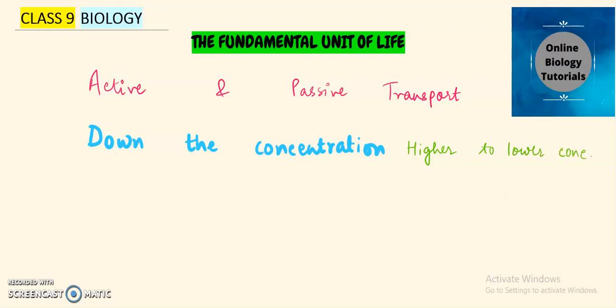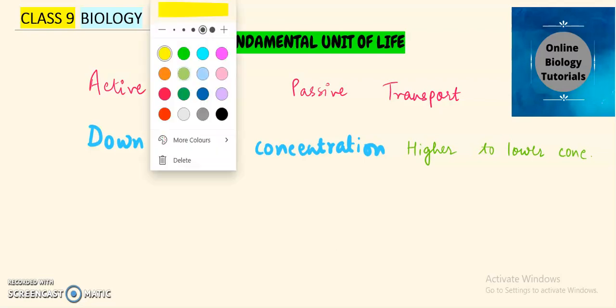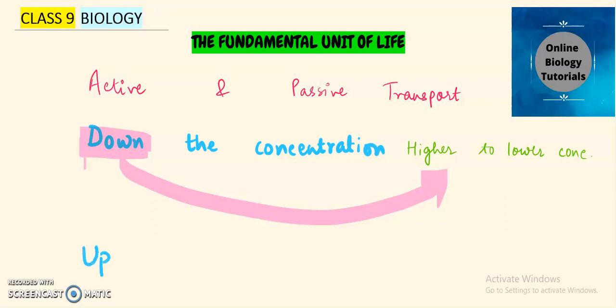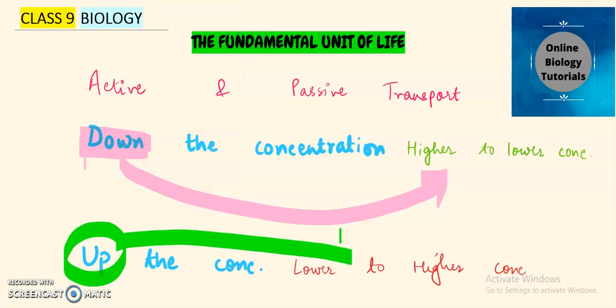To remember what is active and what is passive, you need to know that down the concentration means higher to lower concentration, whereas if the particles are moving up the concentration, they are moving from lower to higher concentration. Up always means that the particles are moving against the concentration gradient, from lower to higher.